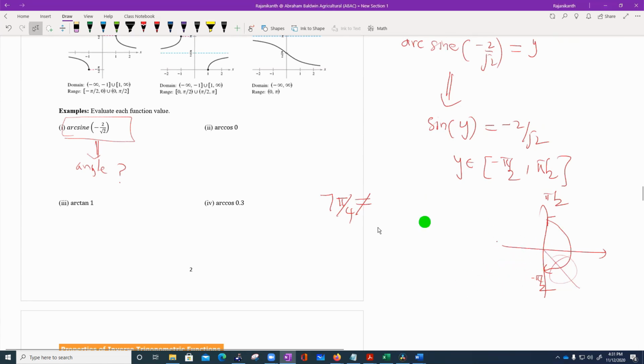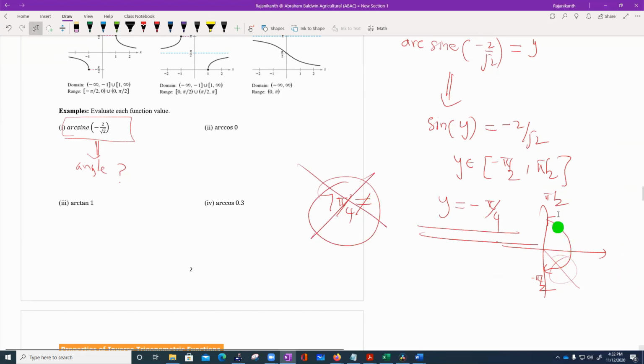So always look for your answer within this range. Even though sine of 45 degrees is 2 over root 2, now you are looking for the negative, therefore your answer is simply negative pi over 4. Now look at this other angle: its sine is also negative 2 over root 2, your answer is correct, but this is not in our range.